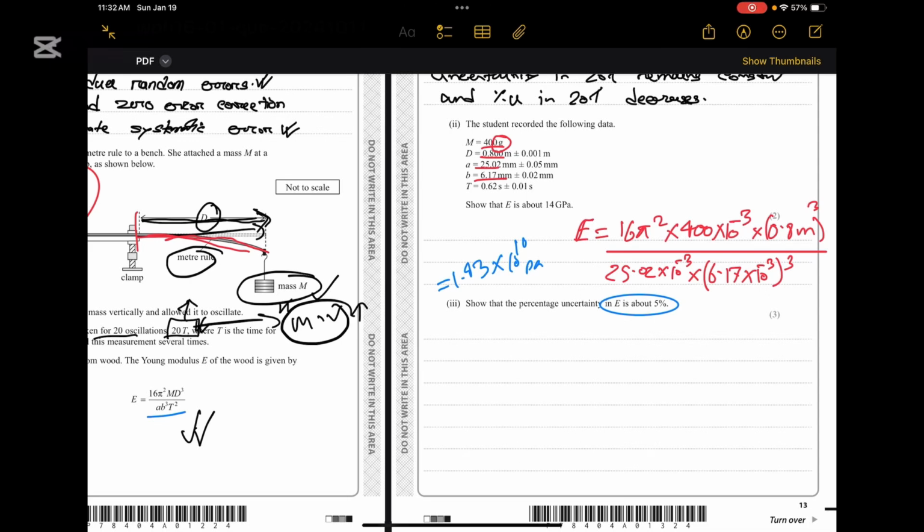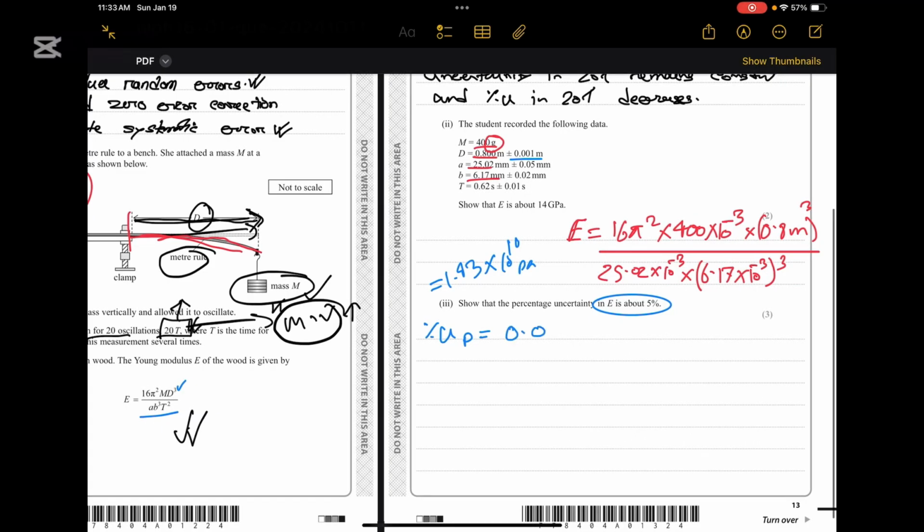First of all we can figure out the percentage uncertainty of d. Here they have given us the uncertainty of the measured value, so 0.001 divided by 0.800 into 100. This value will come as 0.125%.